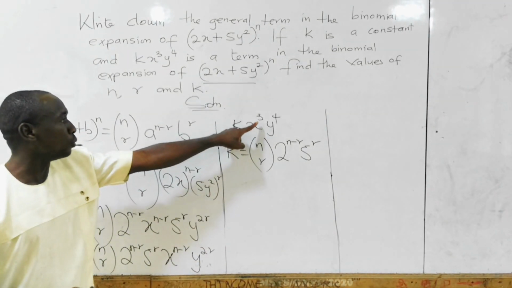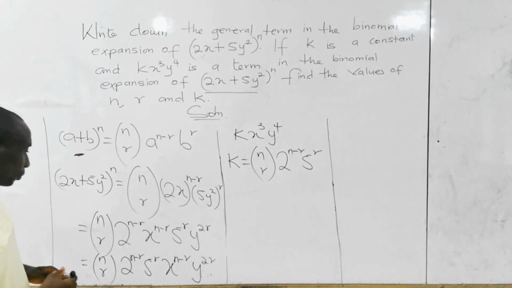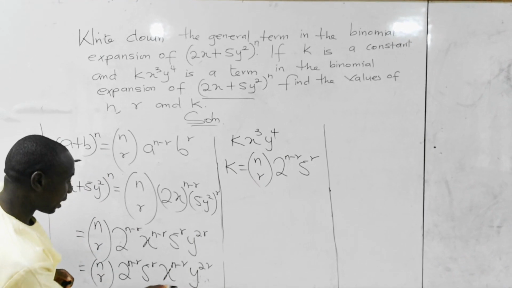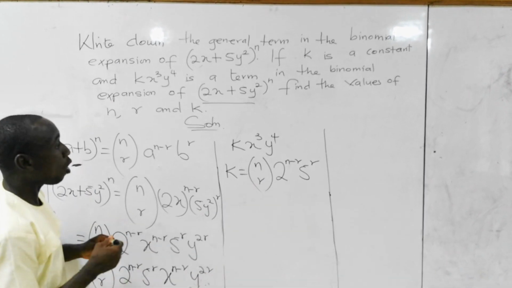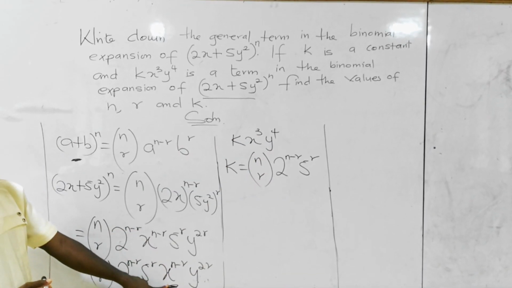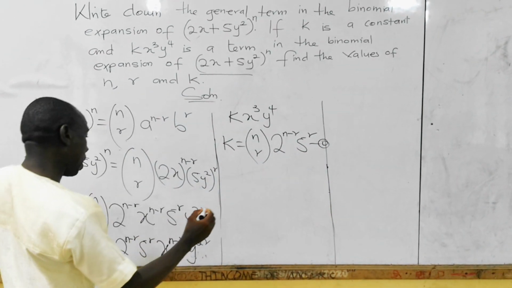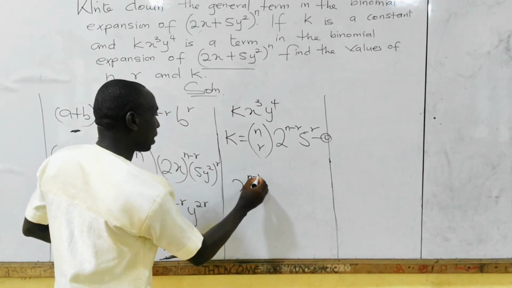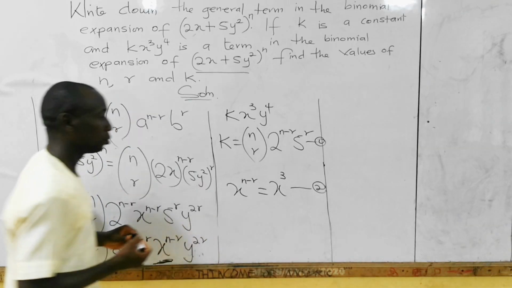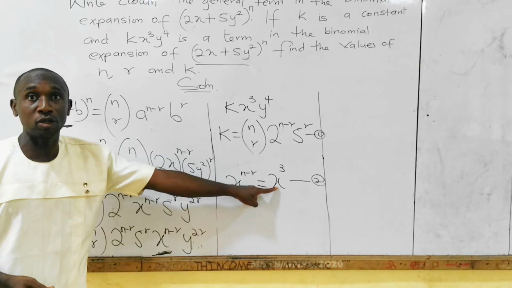Then x³. By comparing x³ and this expression here, the power of x is 3, and the power of x here is n−r. So I can write x^(n−r) equals x³ as equation 2.